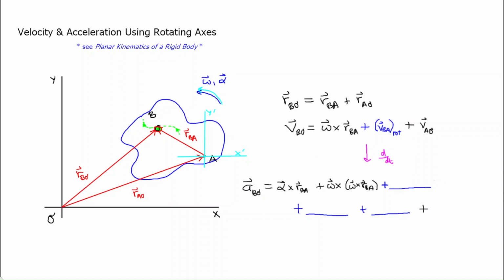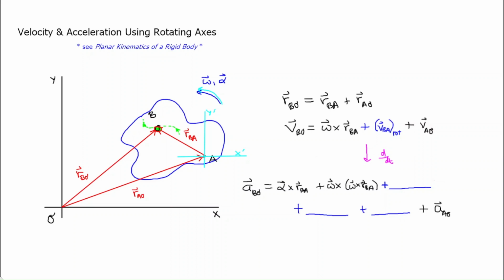I'm going to take the time derivative of velocity AO, and I'm going to get acceleration AO. The stuff that I've written in the black marker is exactly what we saw in the last video, when we simply had the rigid body, and we were concerned about the motion of point B on the rigid body.